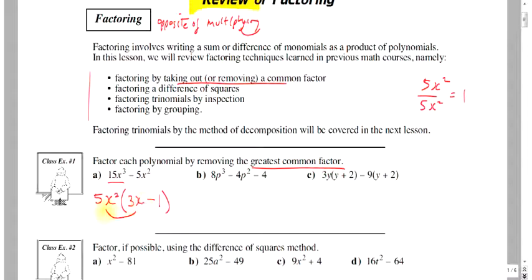Yes. Distributive law, whatever's outside the brackets times by everything in the brackets. What's 5x squared times 1? 5x squared. That's the same as that. So it's factored. You can go back and forth forever. I can multiply it and get this. I can factor it to get that. Factoring is the opposite of multiplying.